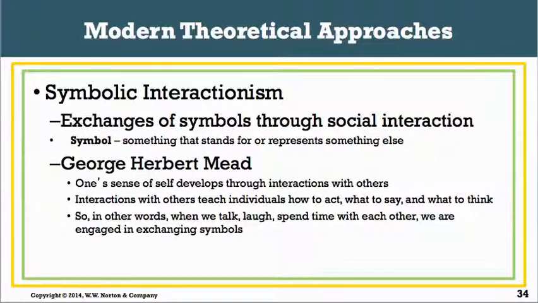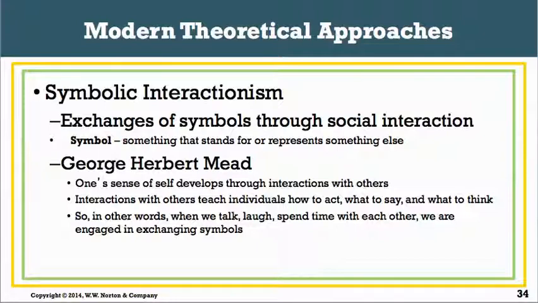The father of this field is George Herbert Mead, and he argues that one's sense of self develops through interactions with others because others teach individuals how to act, what to say, and what to think. So in other words, when we talk, laugh, spend time with each other, we are engaged in exchanging symbols. So that's symbolic interactionism. That's how sociologists who are symbolic interactionists look at society.